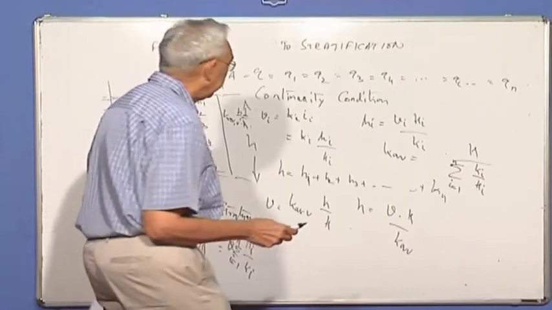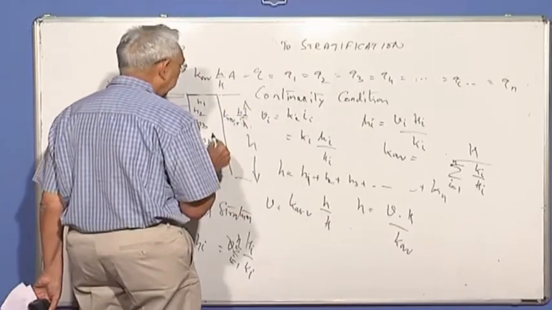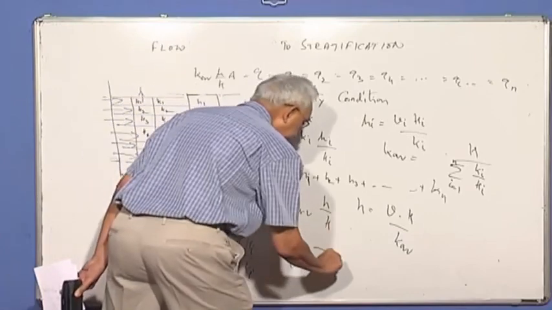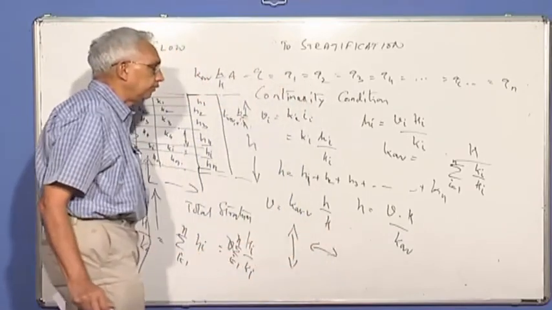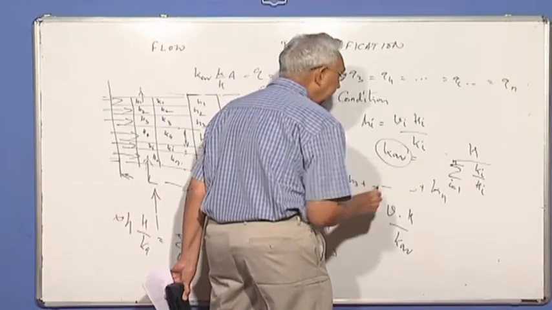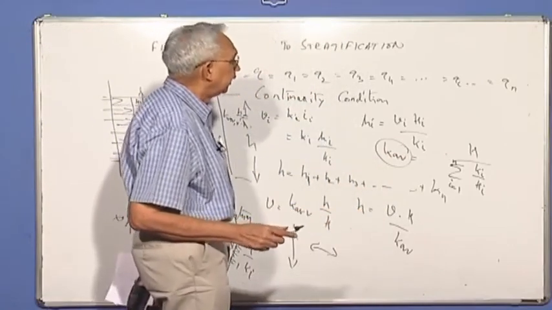So now you find the equivalent permeability for stratification in the vertical direction. What we found earlier was along the stratification. So now we know how to calculate the two equivalent permeabilities.